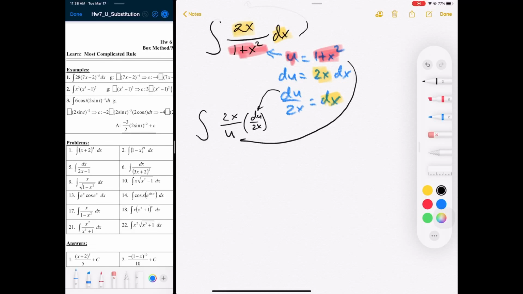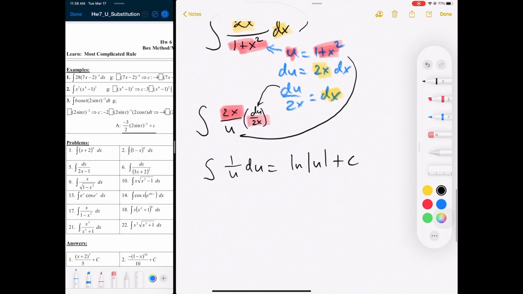Hey, and look what cancels out. What divides out? Sorry, I repeat myself a lot. The integral of 1 over u du, which we said was our identity, natural log of u, plus c. Did I write plus c up here? I did.